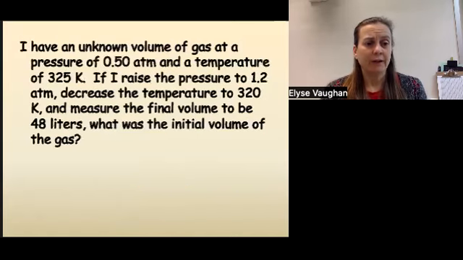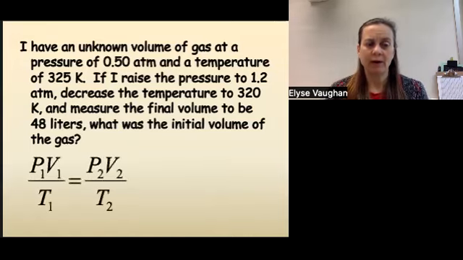And our final practice problem is with our combined gas law. Here we have an unknown volume of gas at a pressure of 0.50 atmospheres and a temperature of 325 Kelvin. If I raise the pressure to 1.25 atmospheres, decrease the temperature to 320 Kelvin, and measure the final volume to be 48 liters, what was the initial volume of the gas? Here's our combined gas law, P1 V1 over T1 equals P2 V2 over T2.